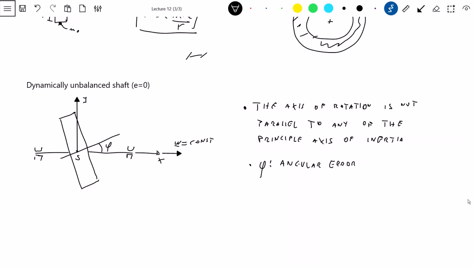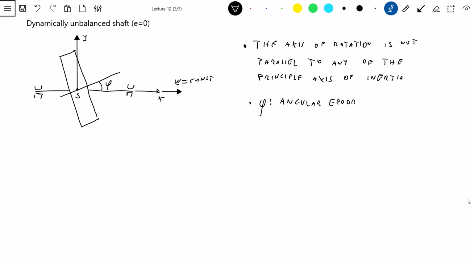So what does it mean to have a system like this? Think about the mass matrix of inertia with respect to the center of mass in the x, y, z reference frame. Now you will understand why I write x, y, z reference frame.